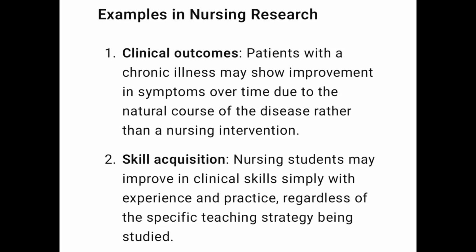Some chronic diseases like arthritis, the patient's pain, adjustment, inflammation, everything can be decreased or increased due to the changes or adjustment mechanisms taking place in our body as a result of the natural healing process. But we cannot exactly say that only because of the nursing intervention that has been carried out, the pain has been reduced.